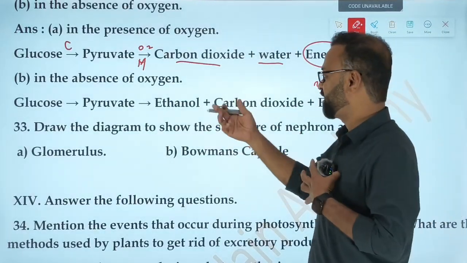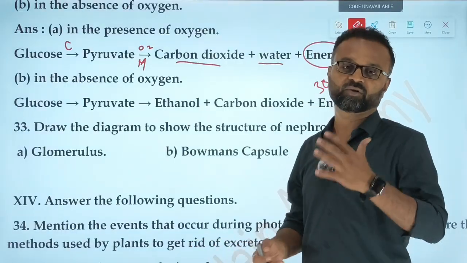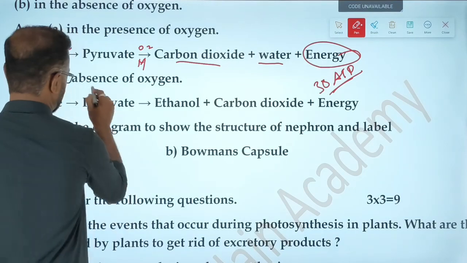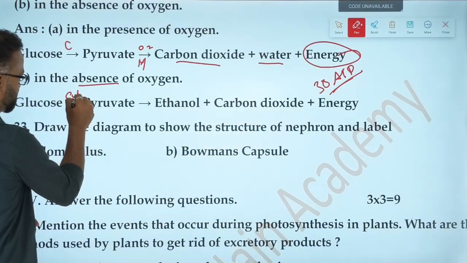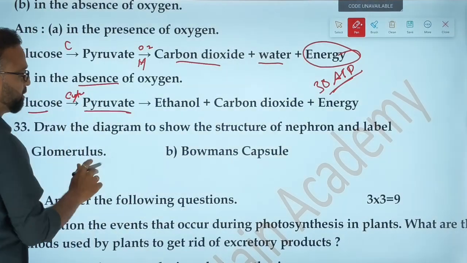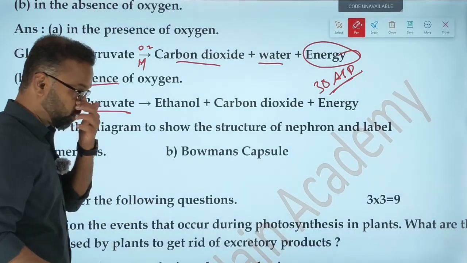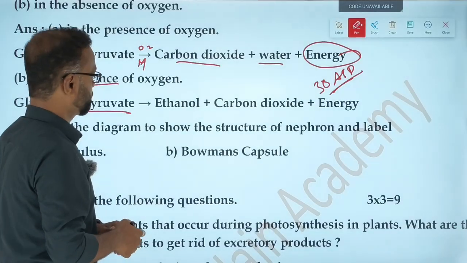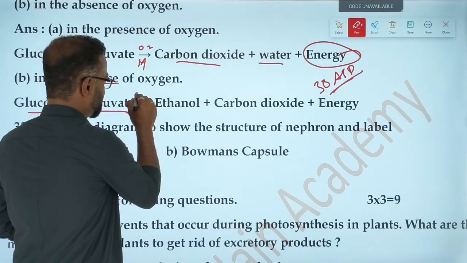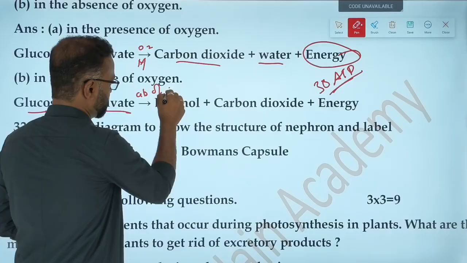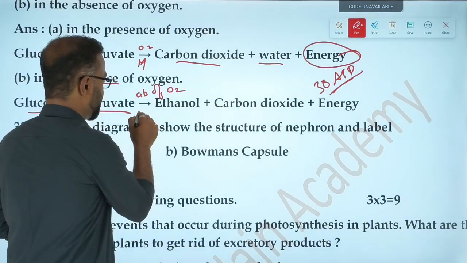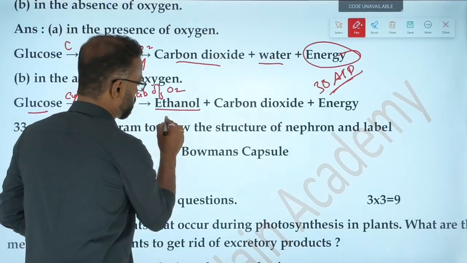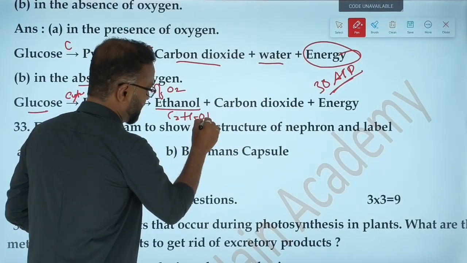For anaerobic respiration, you can take the example of yeast or the example of muscle cells. Here they are taking yeast. Again, the first step is common. In the absence of oxygen, inside the cytoplasm, glucose will break down into pyruvate or pyruvic acid, which is a 3 carbon molecule, C3H6O4. Then, still in the absence of oxygen and inside the cytoplasm only, pyruvate will further break down into ethanol, which is a 2 carbon compound, C2H5OH.